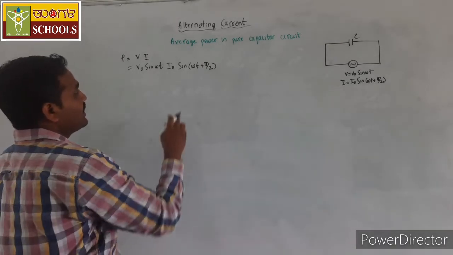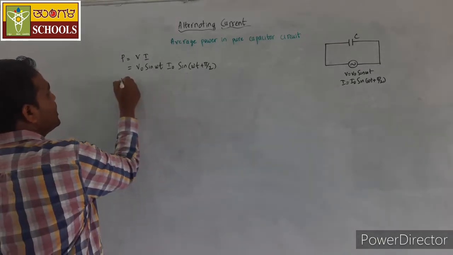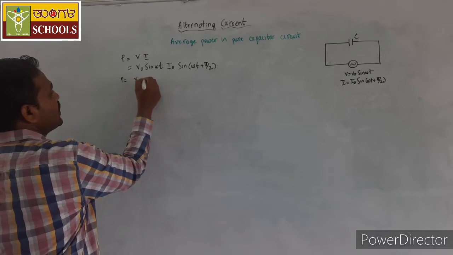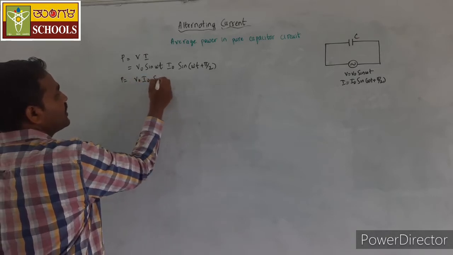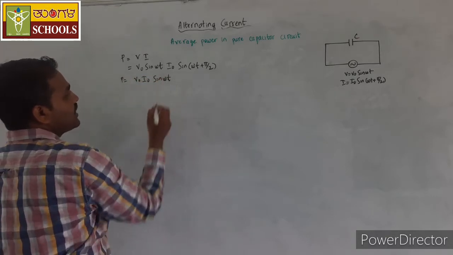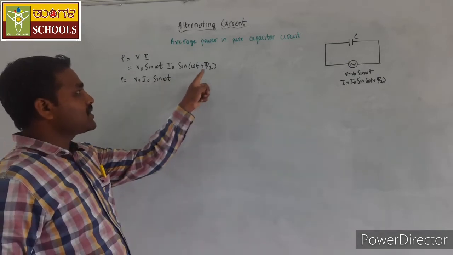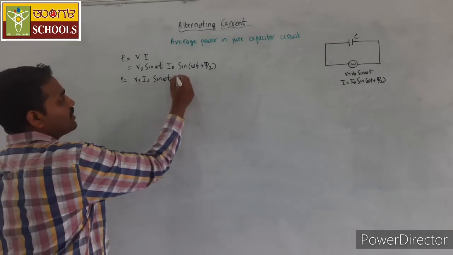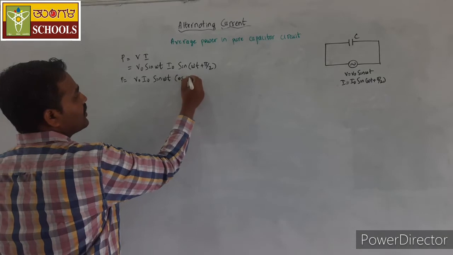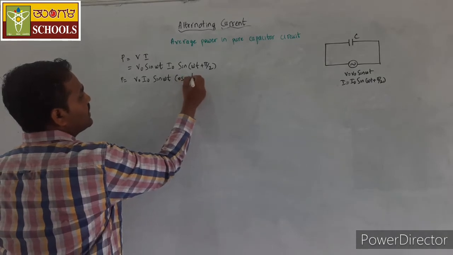This I can write as P equal to V naught into I naught into sin of omega t plus pi by 2, which is nothing but cos of omega t.